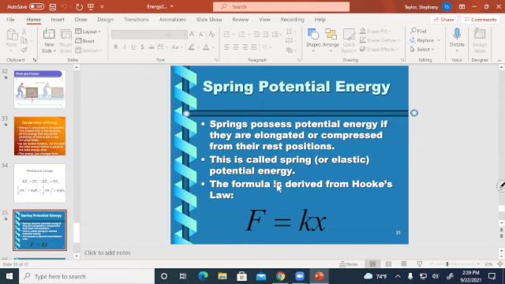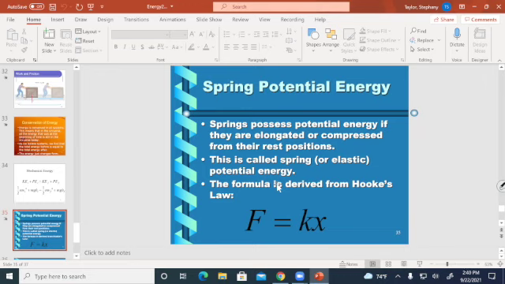Spring potential energy. This is Hooke's law. We probably won't get into much detail about that in this chapter, but we will in a later chapter in the semester. Hooke's law is in reference to a spring. If you compress a spring and let it go, it'll go back out to its original length.